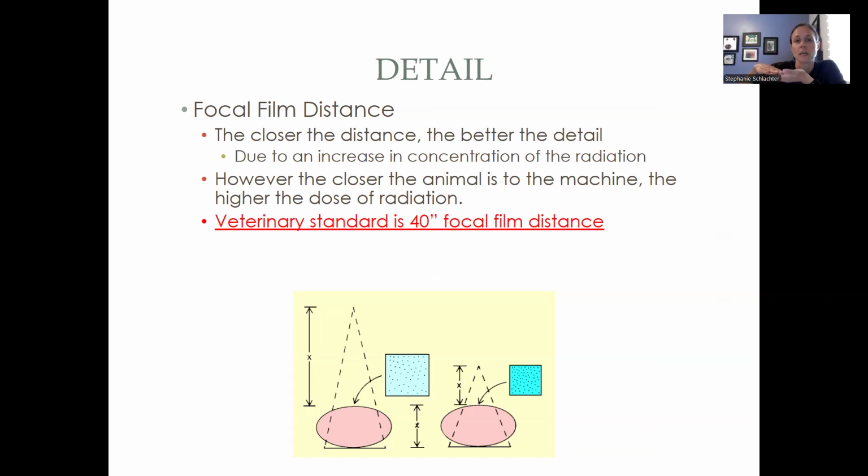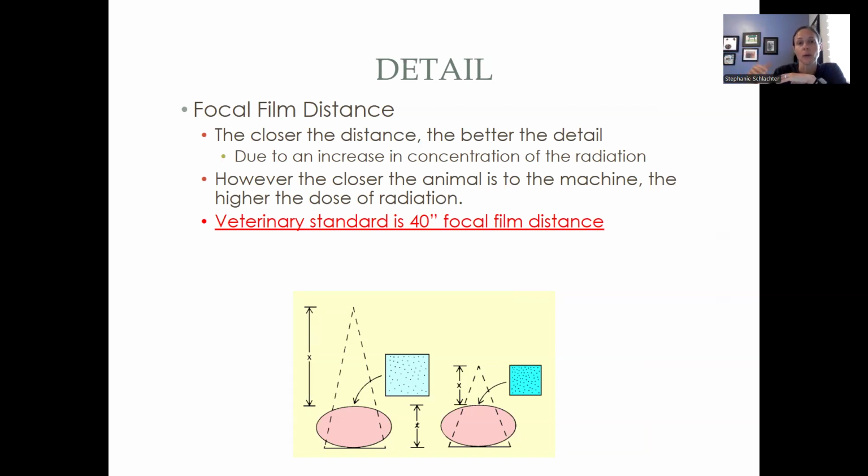Focal film distance is from where you have your actual x-rays to your recording device, whether that's a cassette or the image plate for your digital. The closer you get with your focal film distance, the better the detail we get. But remember, land of opposites, and we have to play that game of give and take.